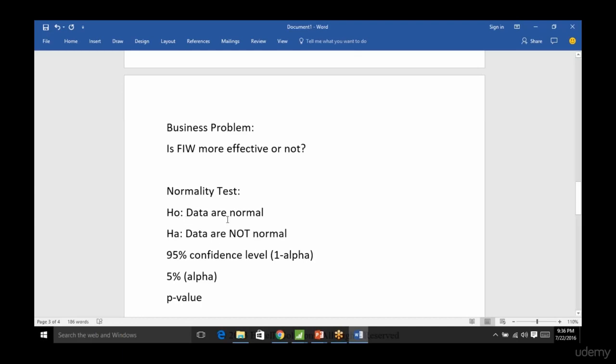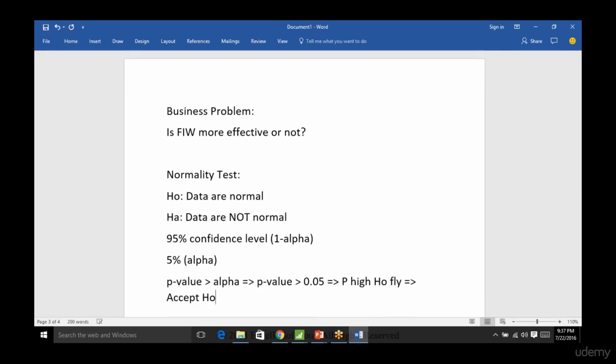When you say that data are normal, if p-value is greater than alpha, that means if p-value is greater than 0.05, there is a slang called p-high null fly. Null fly means you're going to accept null hypothesis. I'll not be using statistical terms, I'll be using the business term only. So you accept null hypothesis.